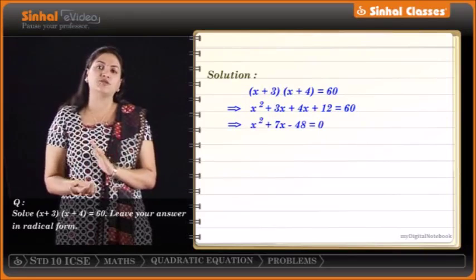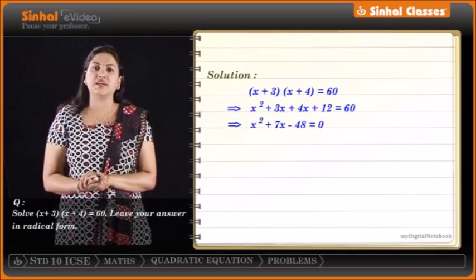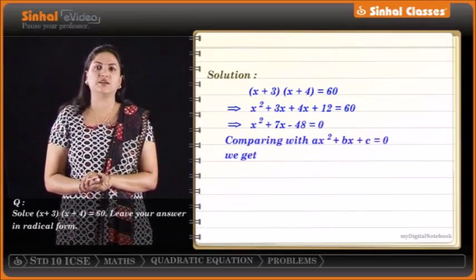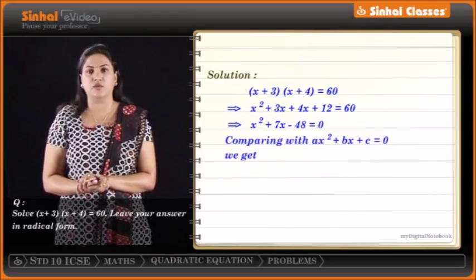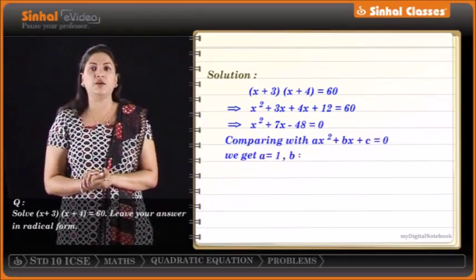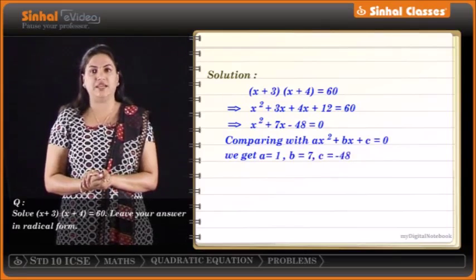Now we want to solve this by using the formula method. So we compare this to ax square plus bx plus c is equal to 0. We get a is equal to 1, b equal to 7 and c equal to minus 48.